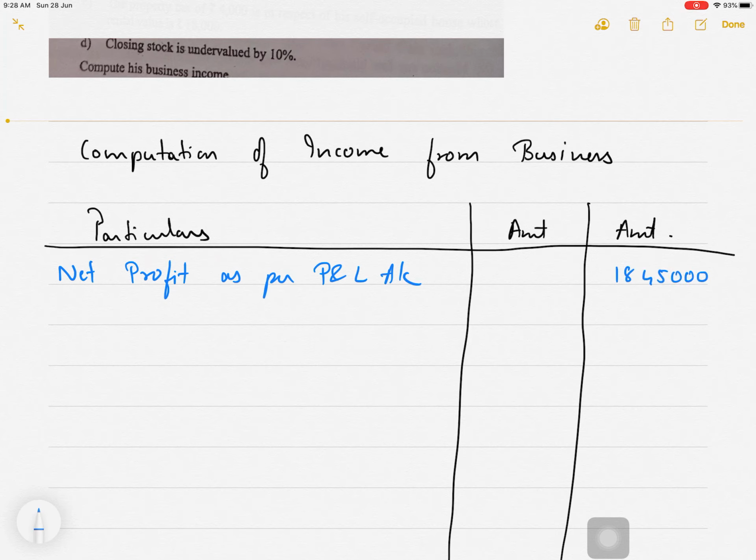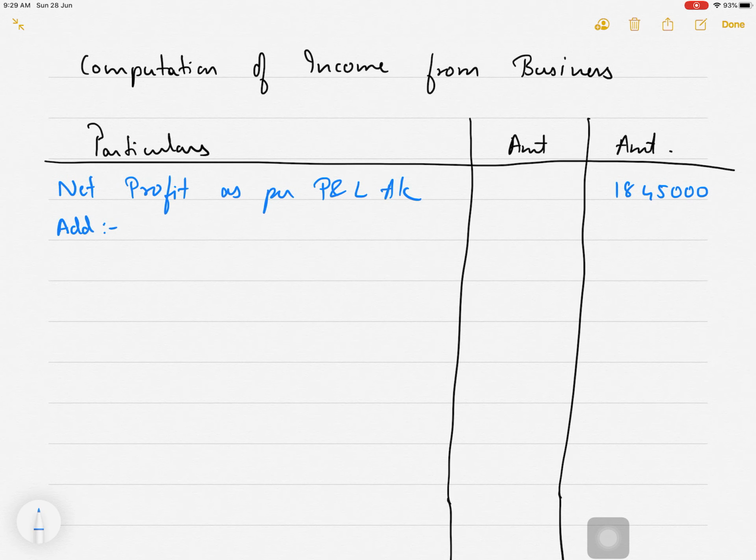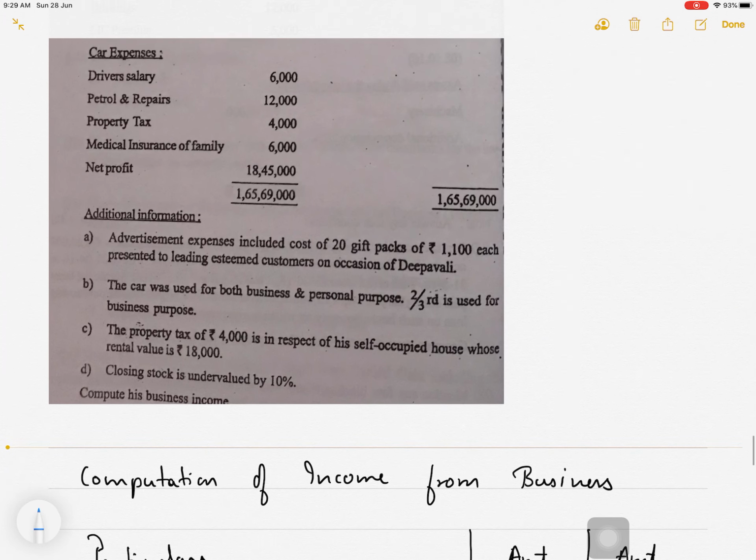It is 18,45,000. Add disallowed expenses, expenses to be treated separately. I think that's it. Okay.